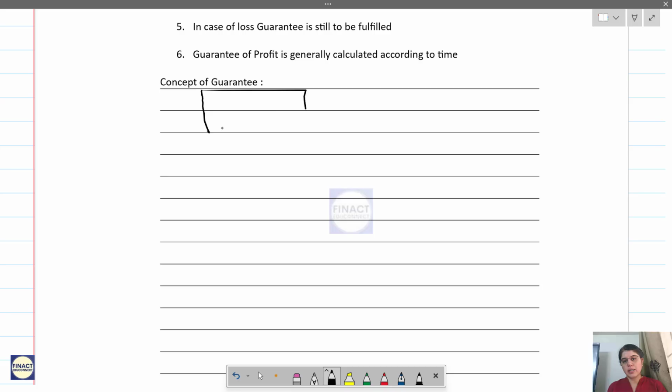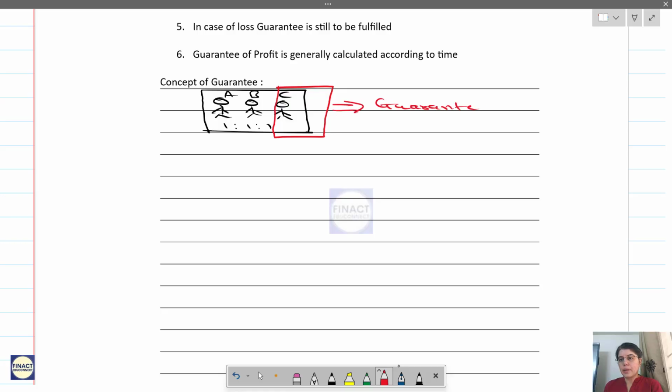Now let us understand what we have already seen, what the guarantee is. A, B, C are partners. Their profit sharing ratio is 1:1:1. Now let's say C is given a guarantee that his share of profit will be 50,000 every year.